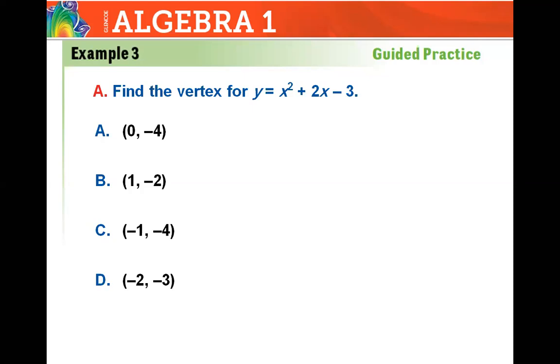First we get the vertex. We get A, B, C first. A equals 1, B equals 2, C equals -3.